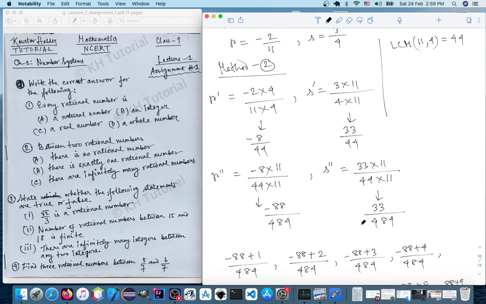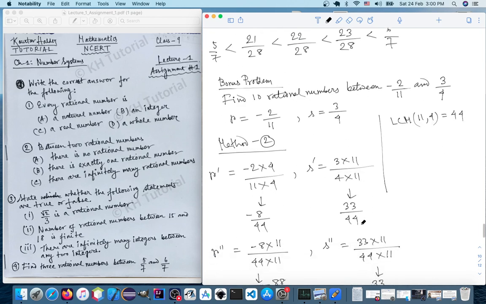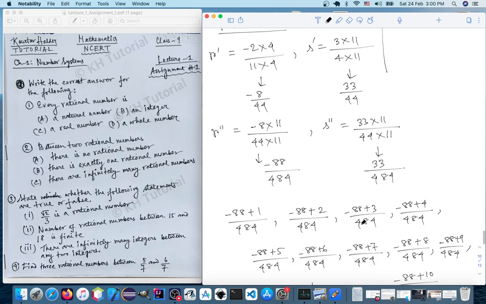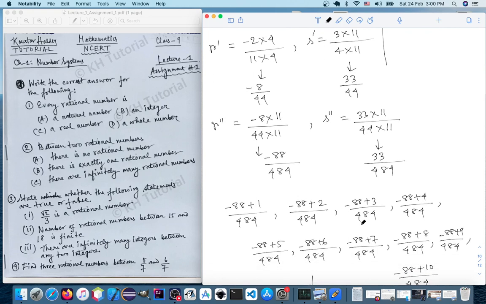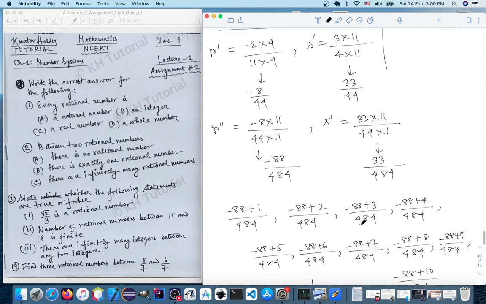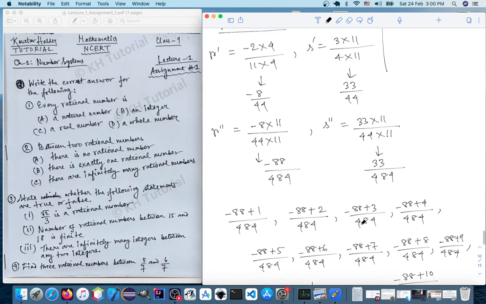Now to obtain R double dash and S double dash, we multiply both the numerator and the denominator of R dash and S dash with n plus 1, where n is the given number of rational numbers we have to find. So in this example, n was 10, so we multiplied by 11 both the numerator and the denominator of R dash and S dash, and we got R double dash and S double dash.